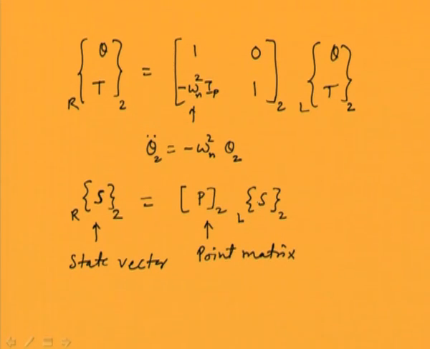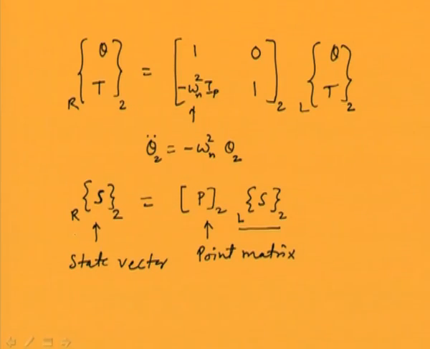So the state vector, you can see, contains angular displacement and the torque. So at one particular station we will be having two states, angular displacement and torque, and from this equation you can see that we are transferring the state vector which is there in the left of the disc, using this point matrix, to the state vector in the right of the disk. Okay.